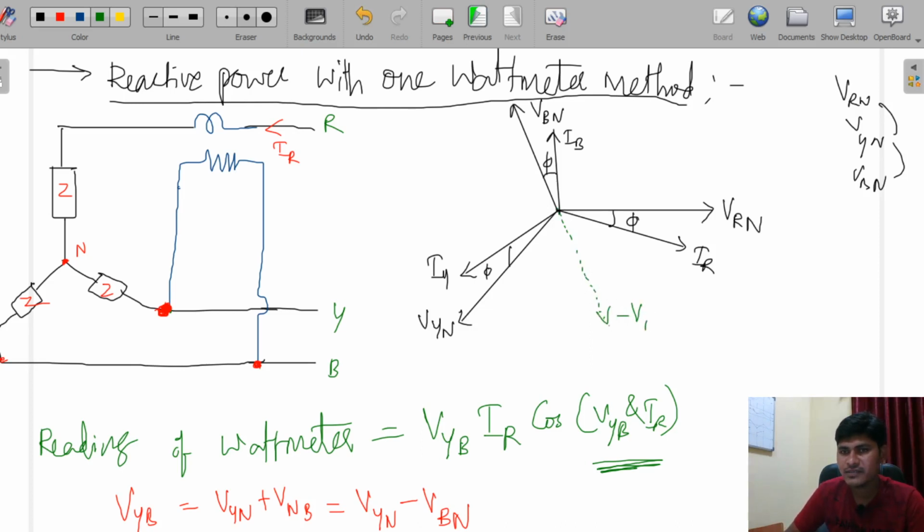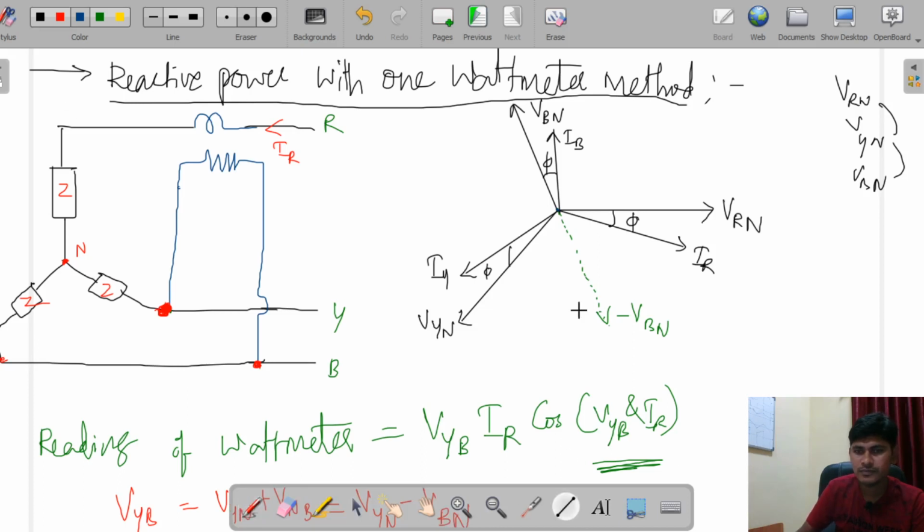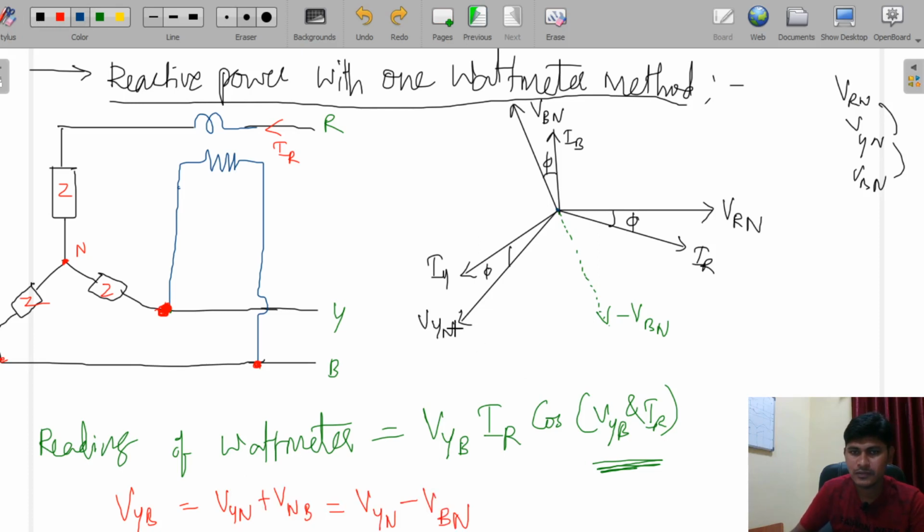Now the phasor sum of VYN and minus VBN gives VYB.